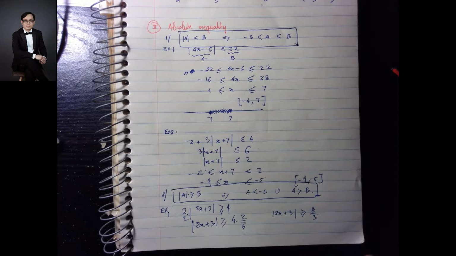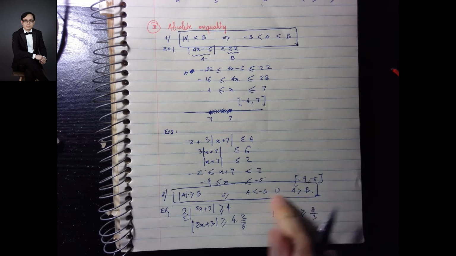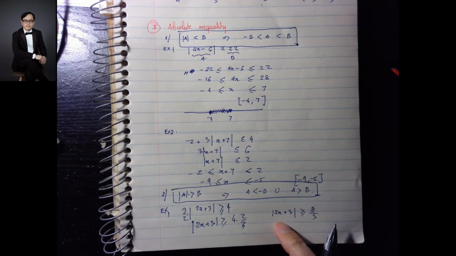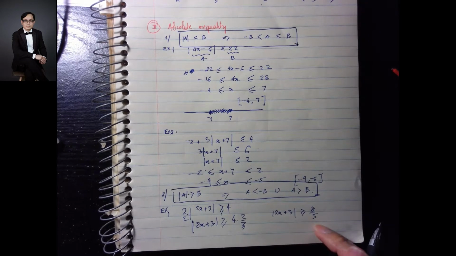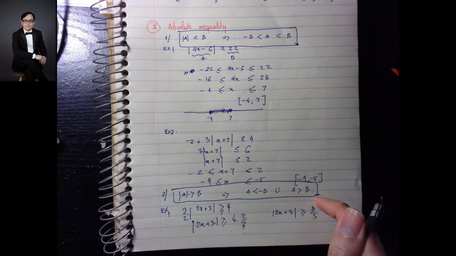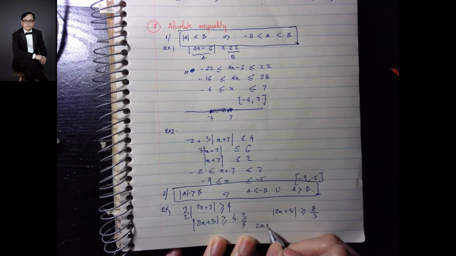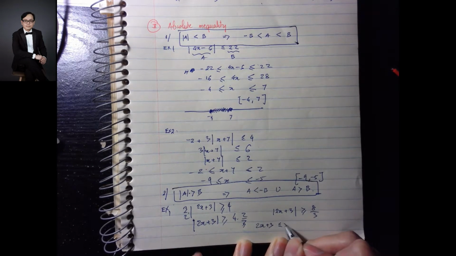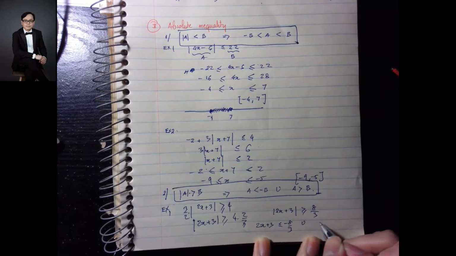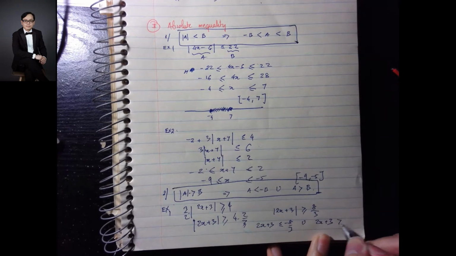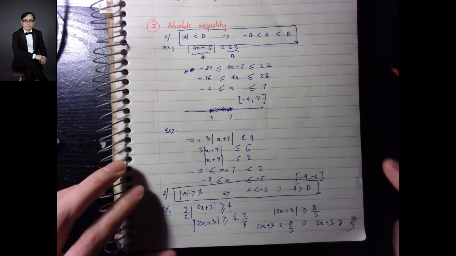A here is 2x plus 3, B is 8/3, so I can apply the general formula. It means I have 2x plus 3 less than or equal to negative 8/3, union with 2x plus 3 greater than or equal to 8/3. So I keep solving.